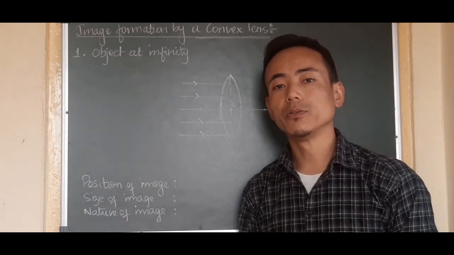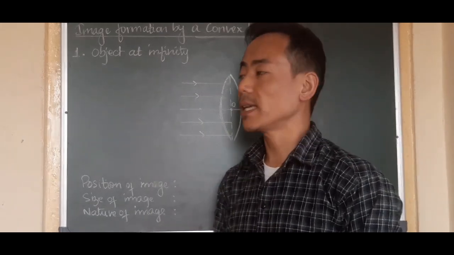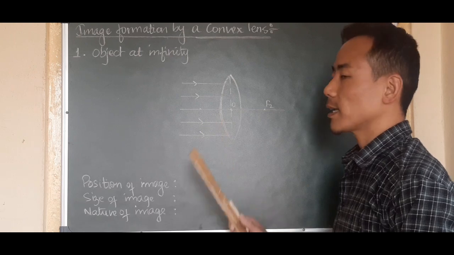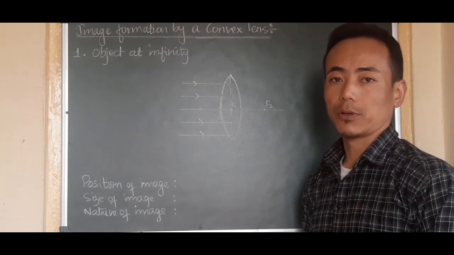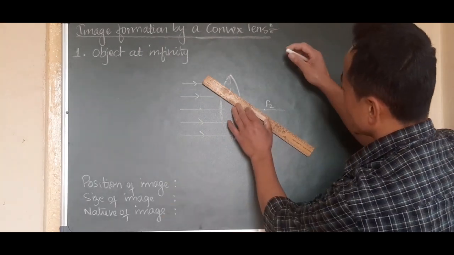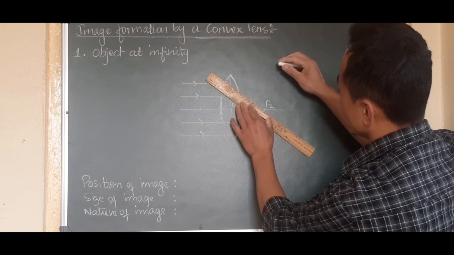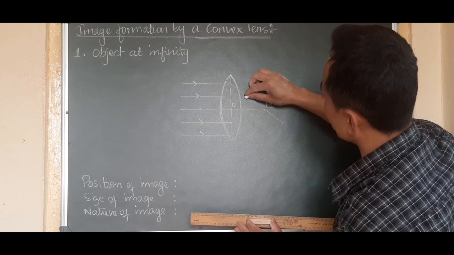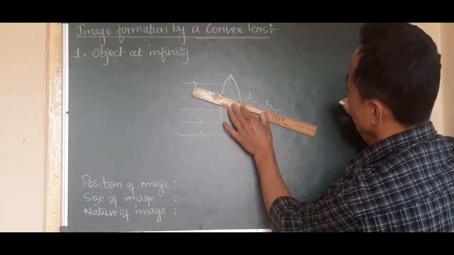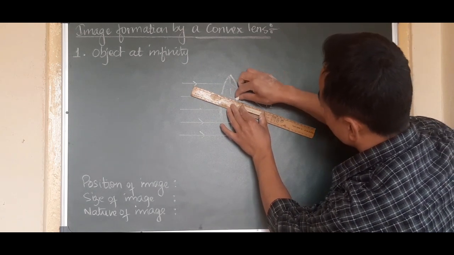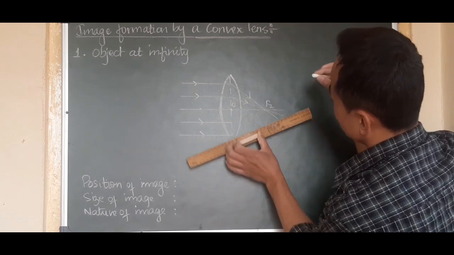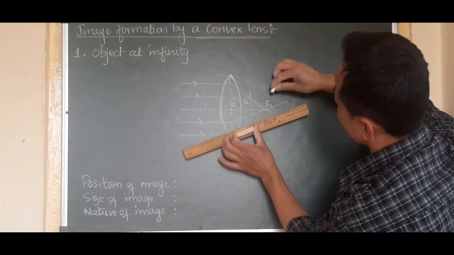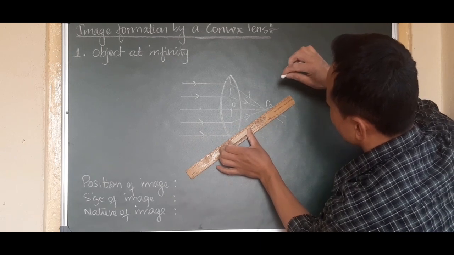So here we will be using the first rule, which says that if the incident ray is parallel with the principal axis, then the refracted ray will pass through the second focus. So let's draw the refracted rays here. All these incident rays, after passing through the lens, that is after refraction, will pass through this point f2, which is called the second principal focus. We have done this before also when we were discussing mirrors, so I don't think it will be much difficult for you.